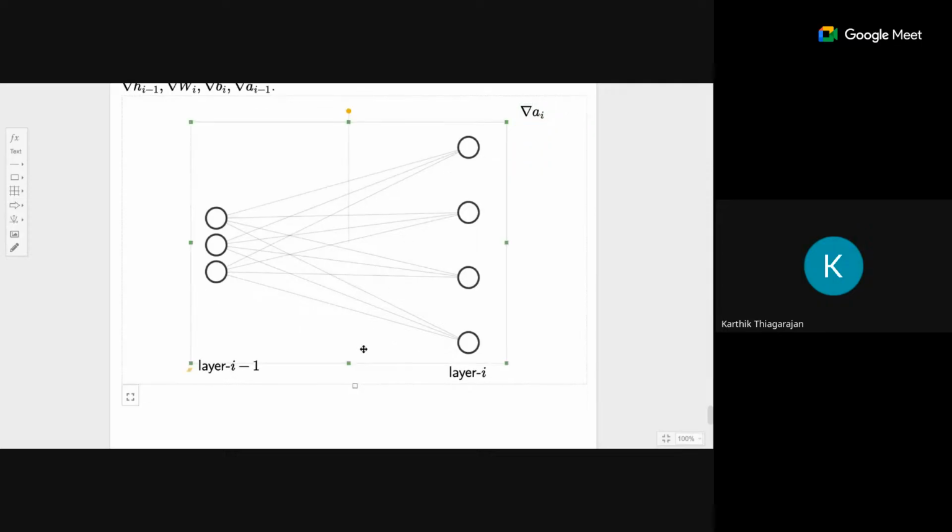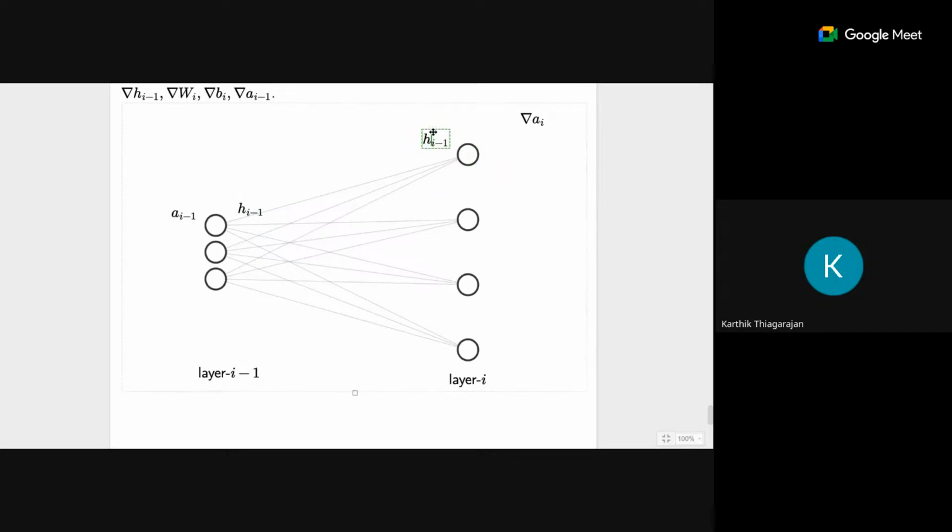Now, in terms of this picture, what are these quantities? You have AI minus 1 that will be sitting before this neuron. After activation, this would have become hi minus 1. Okay, that is what will go as input to this output neuron, right?